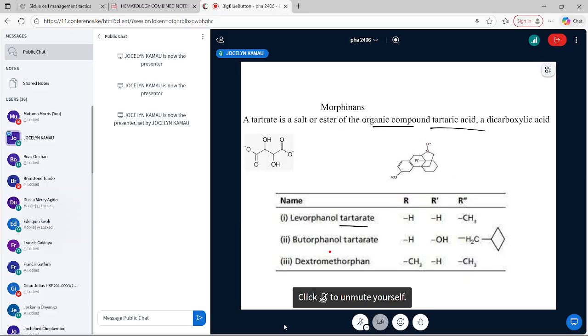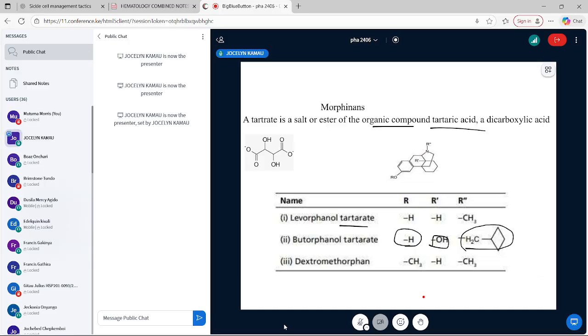Butorphanol is similar to the compound that we had mentioned before. It has a hydrogen there, it has a hydroxyl group there, same, and it has the cyclobutyl at that position.